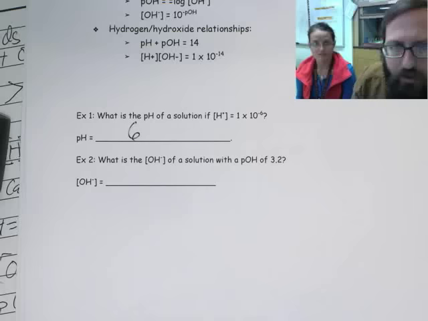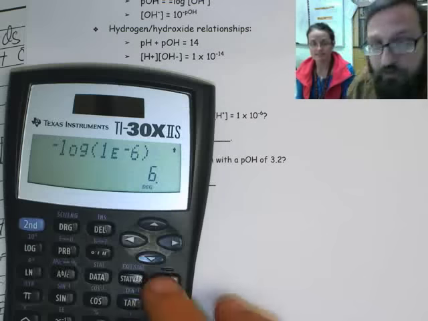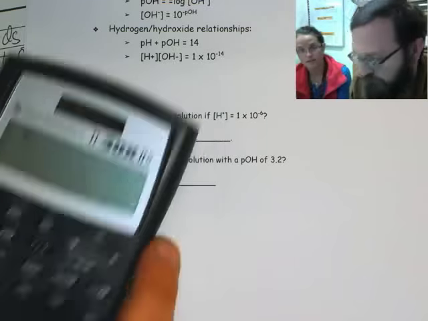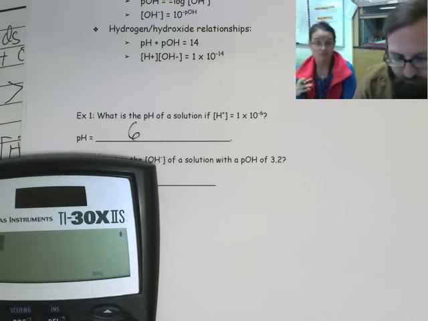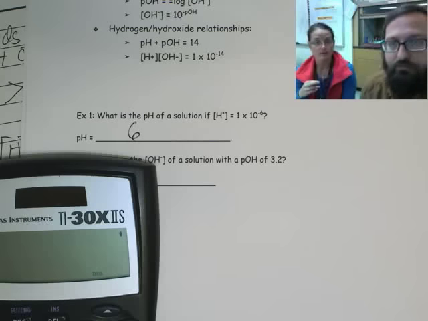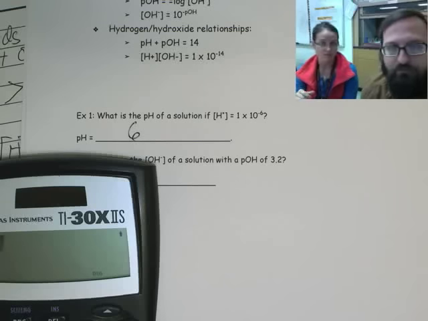So for those of you who are in algebra, I think you should be talking in Algebra 2 about log and antilog right now. So if that's the opposite of log, we'd call it the antilog, or we just do the opposite of the log button, which is second log.